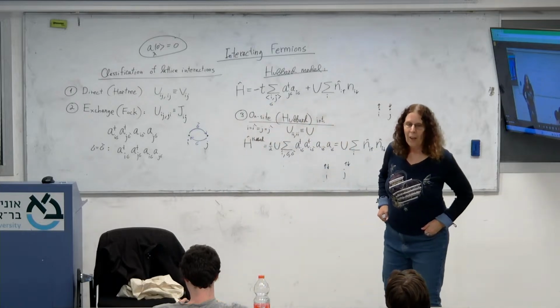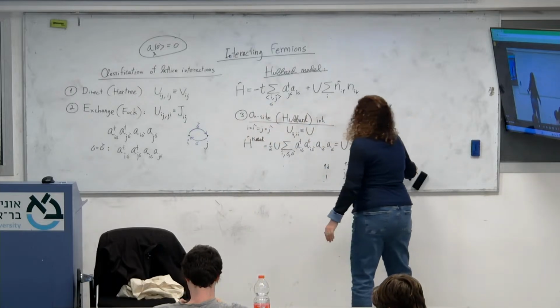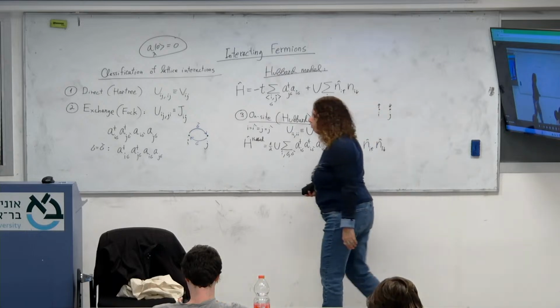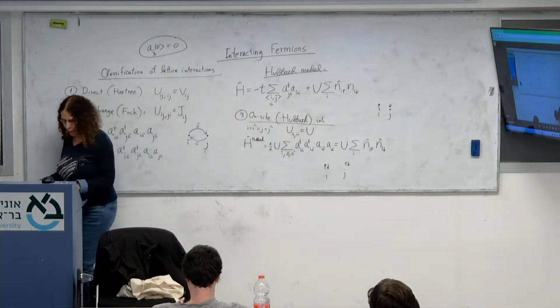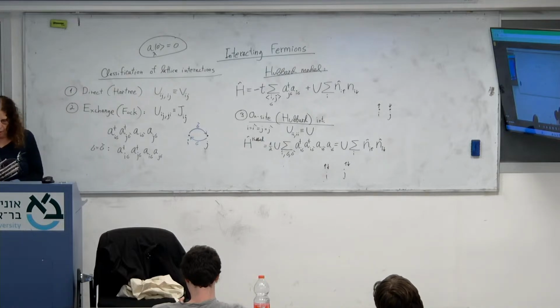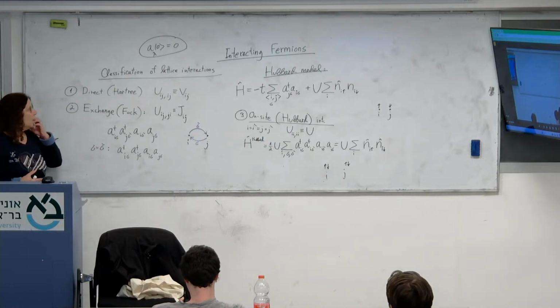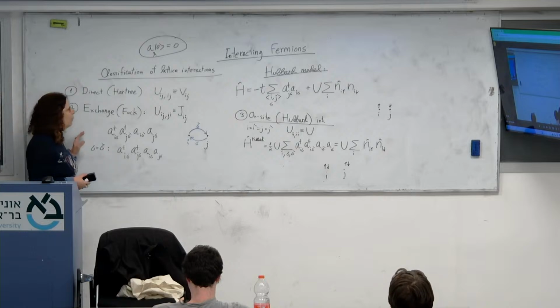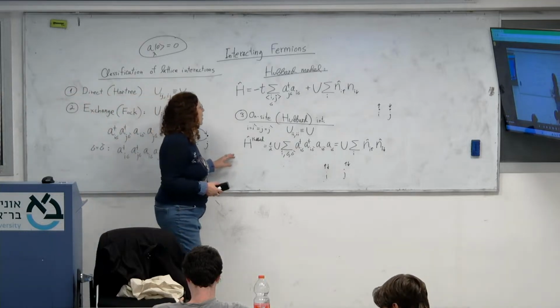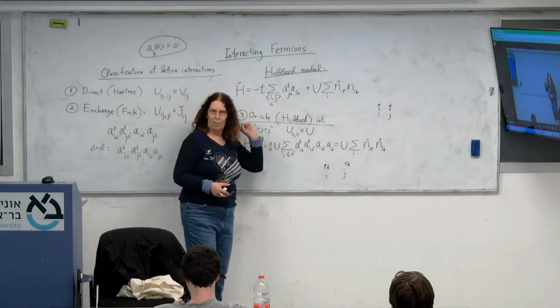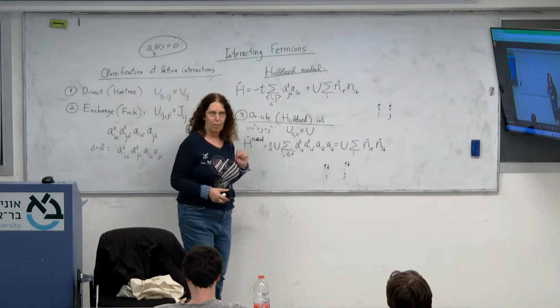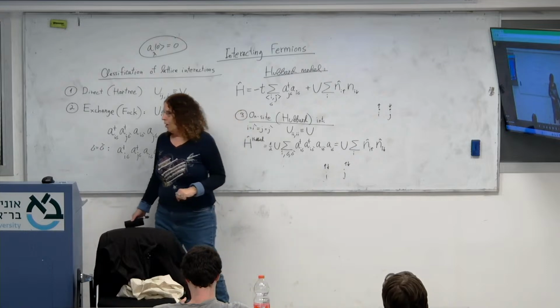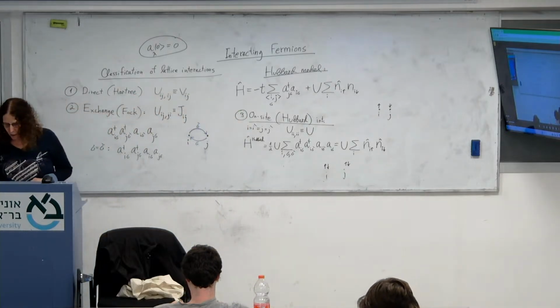Okay, so these are just interaction terms, and I already gave you a hint that sometimes it's favorable to treat them in a limit where it's actually the single body part that is the perturbation and not the interaction.